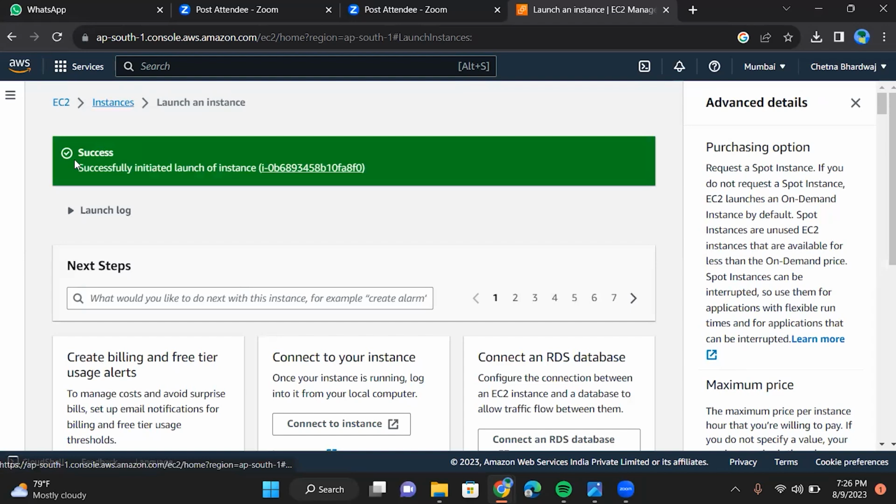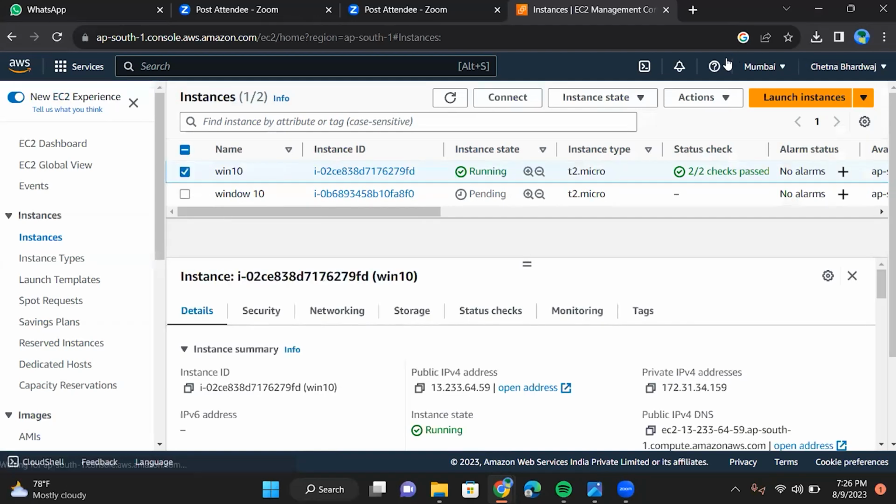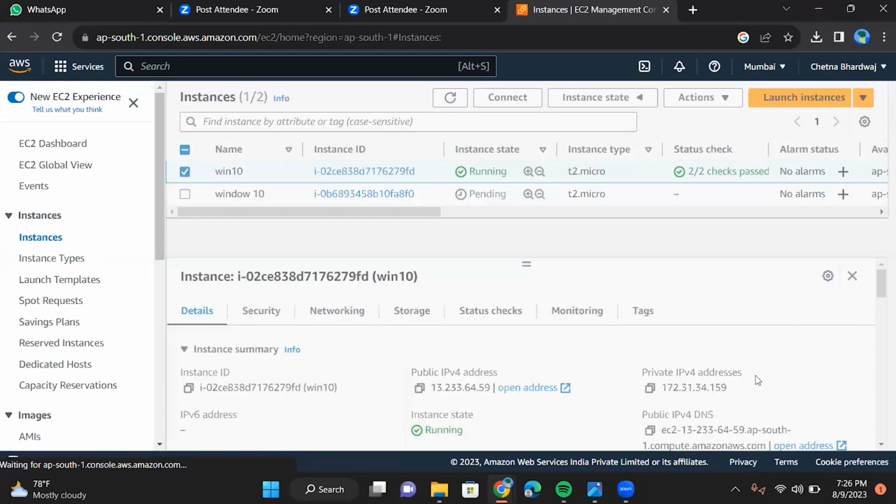Okay. So you can see over here it is showing that we have successfully created the instance. Now let's see. I have this Win10 running already, but we have created this Windows 10. Let's remove this one so you won't have any confusion. Okay.